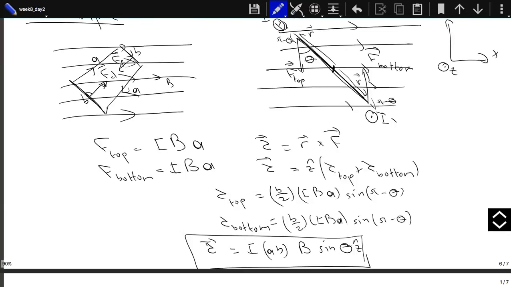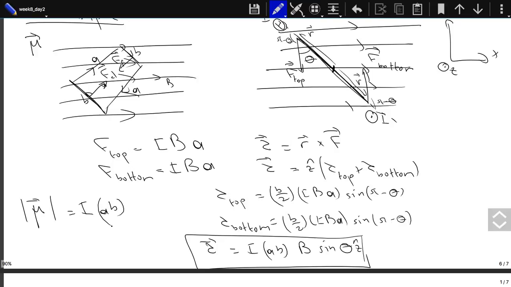Now I will invent a vector, which I will call mu. Mu will have the magnitude equal to I times AB. By the way, what is A times B? Area. So mu is nothing but the current times the area of the loop carrying the current. That is how we define this mu.